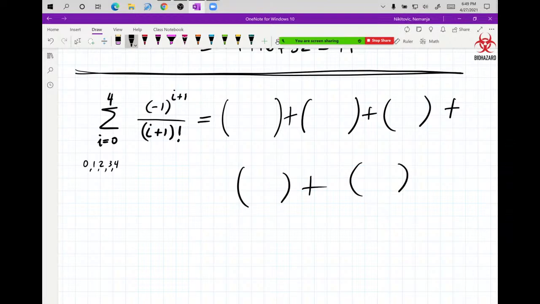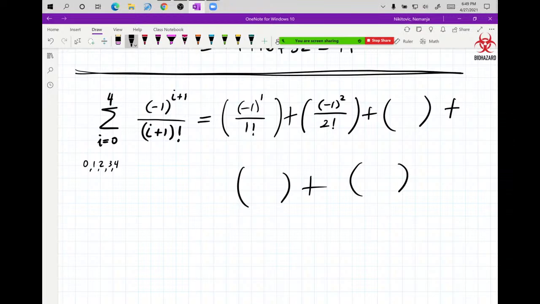The first one is when I is equal to 0, we have negative 1 raised to the 1 divided by 1 factorial. Then, when it's 1, we have negative 1 squared divided by 1 plus 1 is 2 factorial.